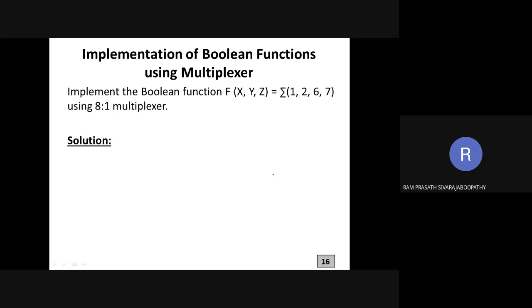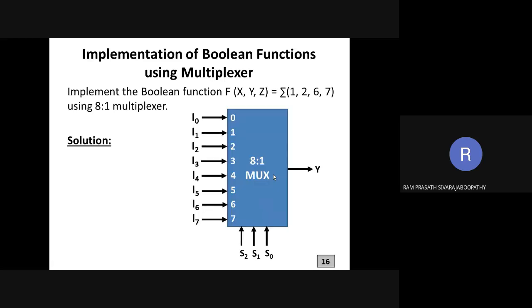So three variables irukku, three select lines, so 8:1 multiplexer. Solution paakalaங்களா? So this is the block diagram of 8:1 multiplexer. Okay. Now you type it in the chat. What are all the things you have to make as 1 and what are the things you have to make as 0 in the input side? Input side la edadella 1 பண்ணனும், edadella 0 பண்ணனும்?